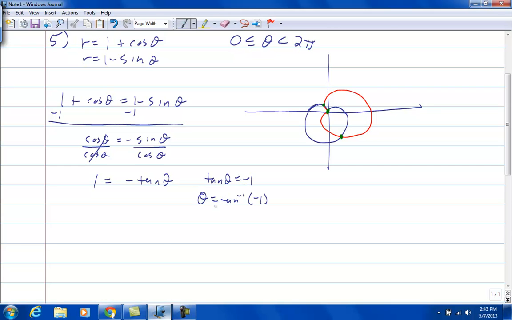I think we know what this would be. This occurs in two places, whenever theta is 3 pi over 4 and 7 pi over 4. You know, here and down there. You get a negative 1. I did 7 pi over 4 because we're talking about being between 0 and 2 pi, instead of doing negative pi over 4.